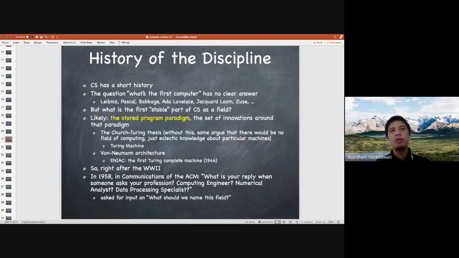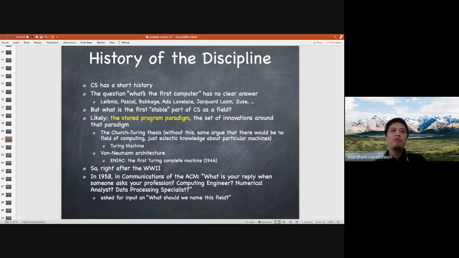When we see this, we can find that the first invention in computer science is about the paradigm. Let's say the Turing machine came from the Church-Turing thesis. So Church and Turing set up the first paradigm of computer science.